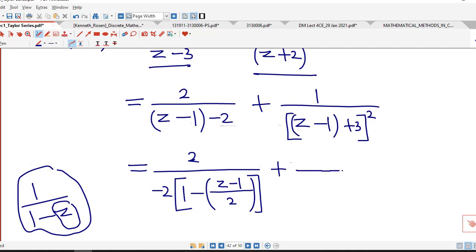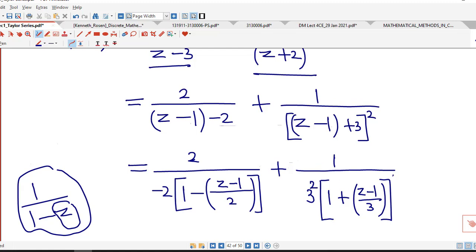Similarly we have to rewrite here also. We require 1 plus something, so here if we take 3 common, then we have 1 plus z minus 1 by 3 and whole square, so that we can rewrite as 3 square into 1 plus z minus 1 divided by 3, and we can check if we multiply with 3, we have 3 plus z minus 1.